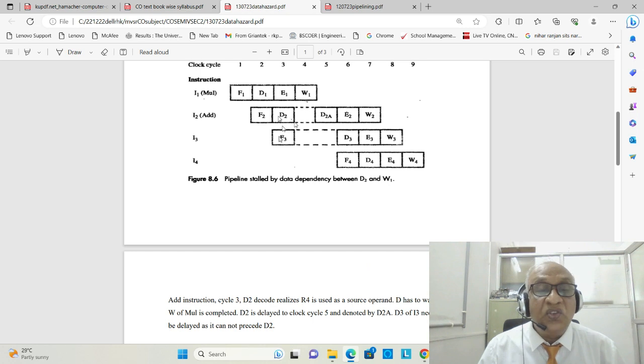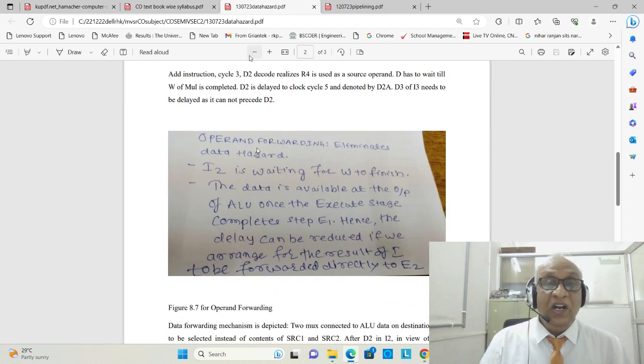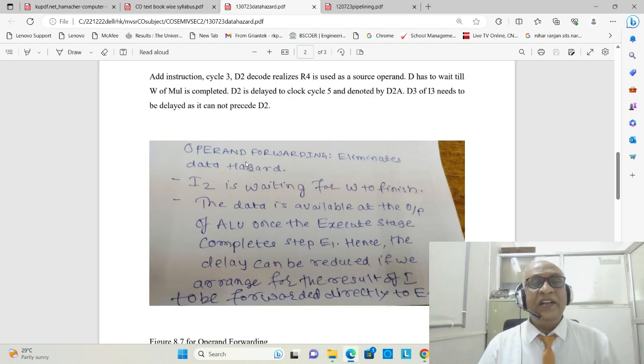Hence, D2 has to wait for W1 to finish. That's why D2 is delayed till clock cycle 5, and that's why D2 is now denoted as D2A. Now D3 of I3 also needs to be delayed because it cannot proceed before D2A. Hence this is stalling, hence this data hazard.